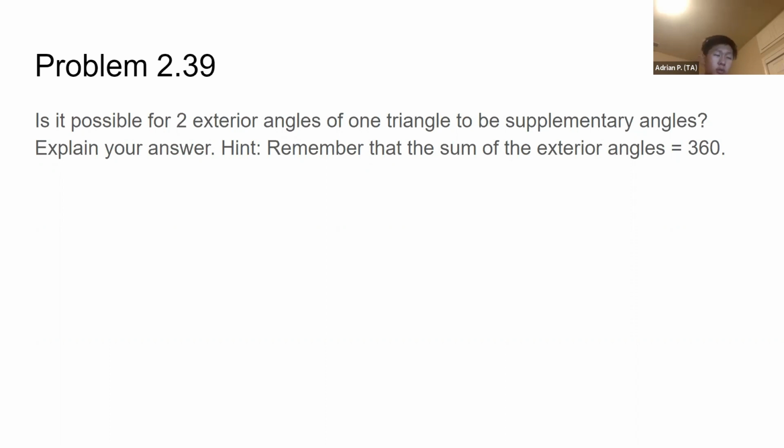And by the remote interior angles, two interior angles of the triangle would add up to 180, which is not possible because the total of the interior angles should equal 180. So having two angles add up to 180 in a triangle is impossible. Therefore, it is not possible for two exterior angles of one triangle to be supplementary.